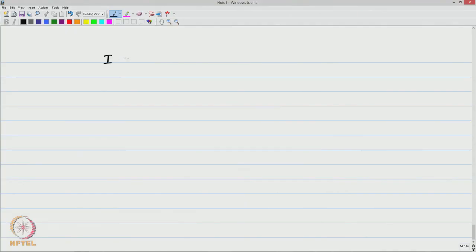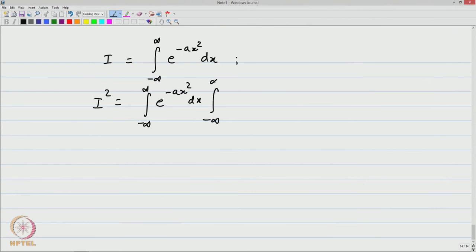So, if we write the integral I from minus infinity to plus infinity e to the minus ax square dx, then you can write I squared is two such integrals, minus infinity to plus infinity e to the minus ax square dx, and a different variable minus infinity to plus infinity e to the minus ay square dy, because both x and y are dummy variables, and the integrals are independent.